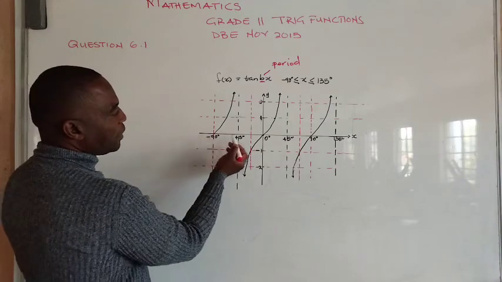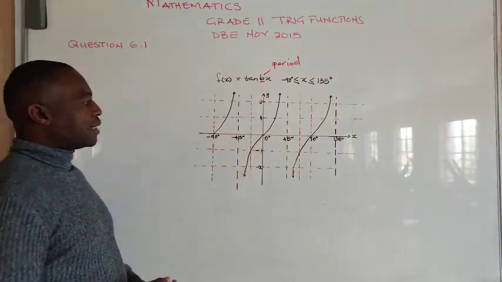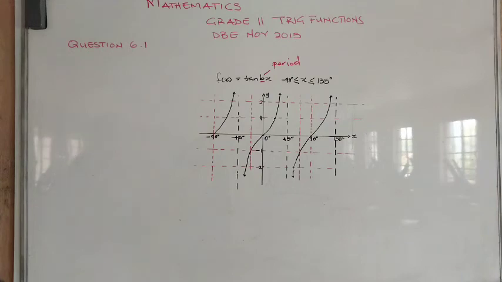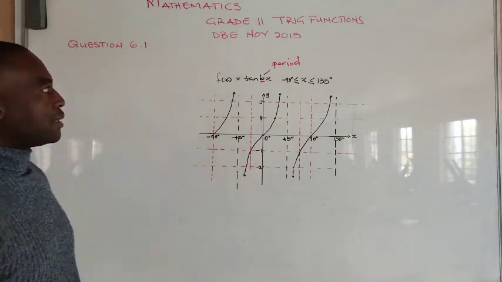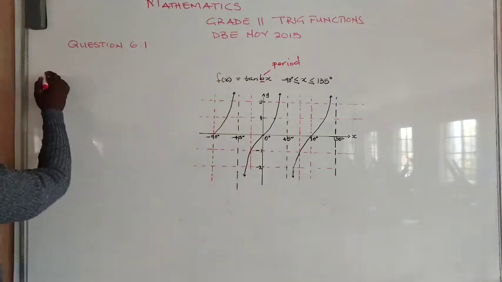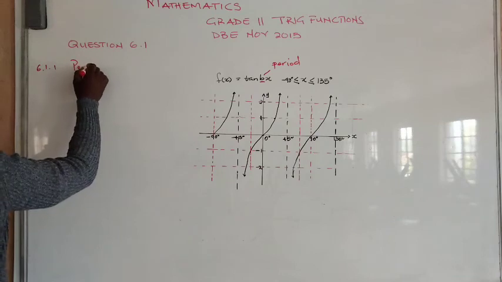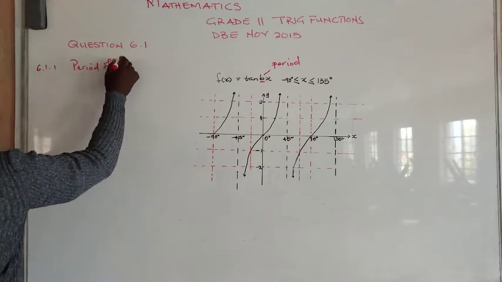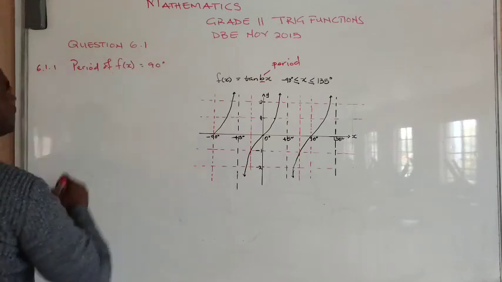You can count from here to here, or you can count from here to here. You can see that it's taking 90 degrees. That means, for 6.1.1, the period of f of x is equal to 90 degrees.